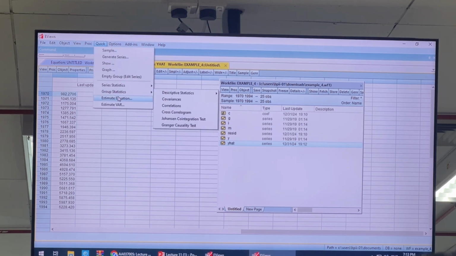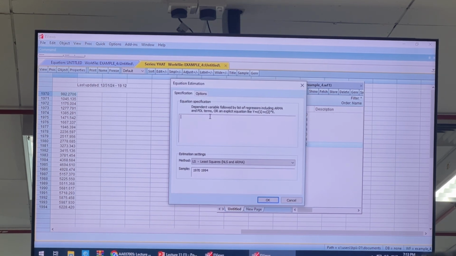So you go to Quick, Estimate Equation, and we have m space c space y hat. This is stage 2.